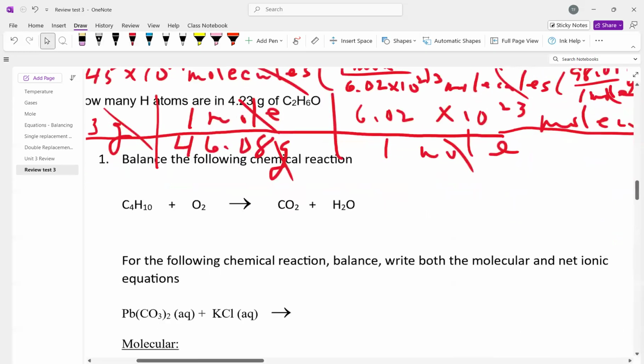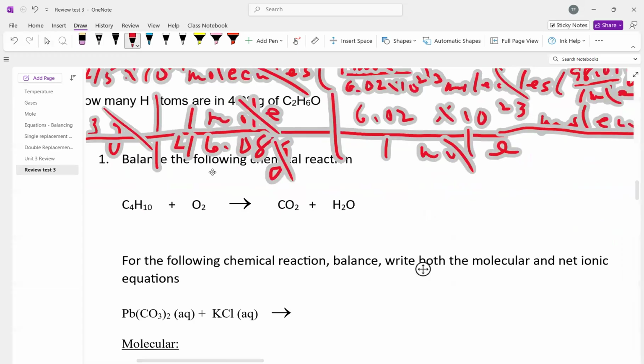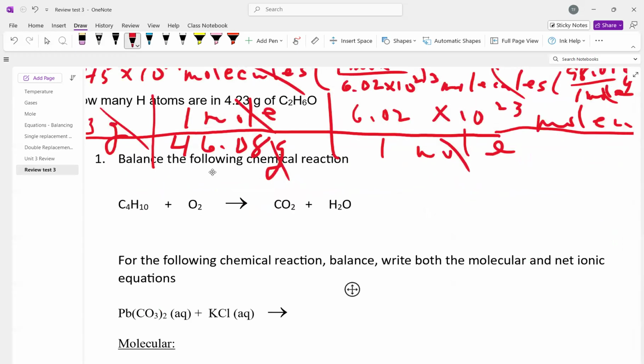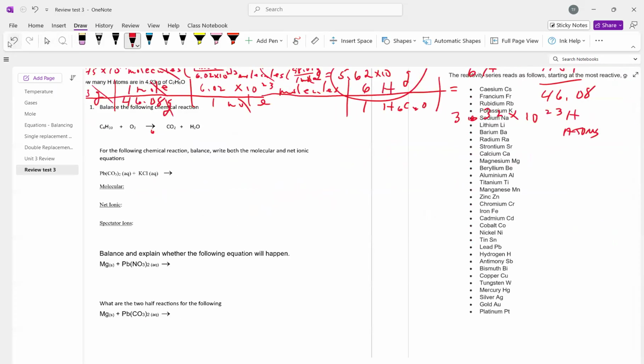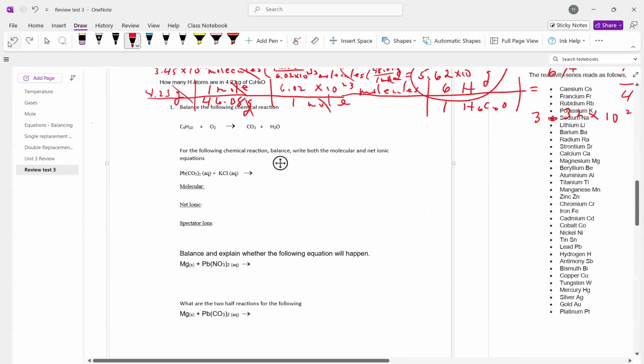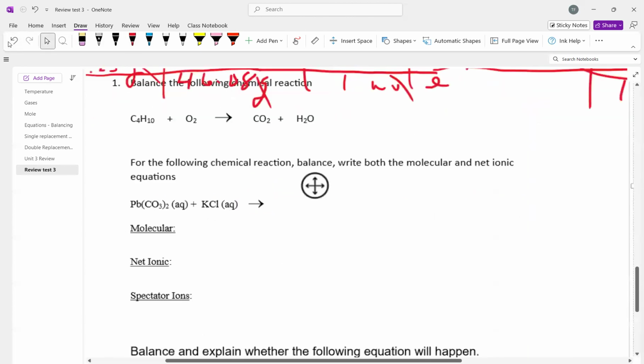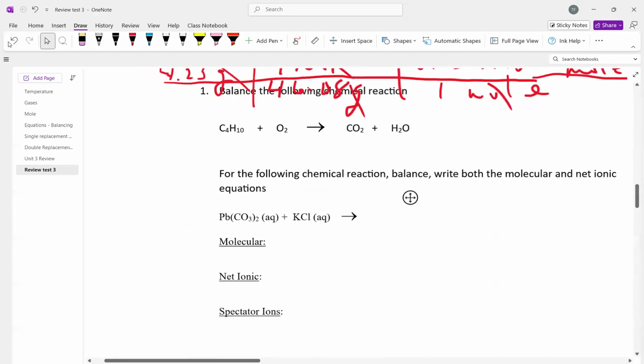Okay, balance the following. First thing we do is an inventory. We have 4 carbons, 10 hydrogens, 2 oxygens.